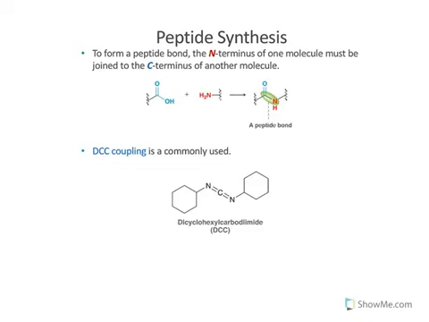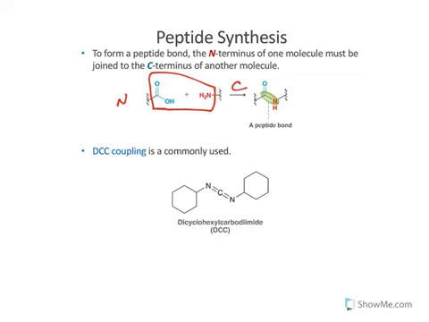So how then do we do this reaction? Well, the best way is to protect the N side and also protect the C side. That is the C terminus and the N terminus. Then only leave the ones that we want to interact to be free to do a reaction.